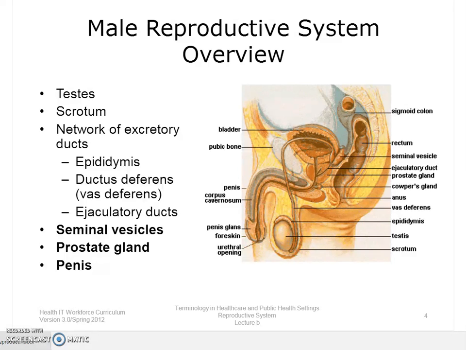They are connected to the vas deferens and secrete a thick fluid that forms part of the semen. The prostate gland is about the size of a walnut, and it produces part of the seminal fluid that carries sperm. The prostate gland surrounds the neck of the bladder and urethra. The penis is the male organ of copulation and urination.